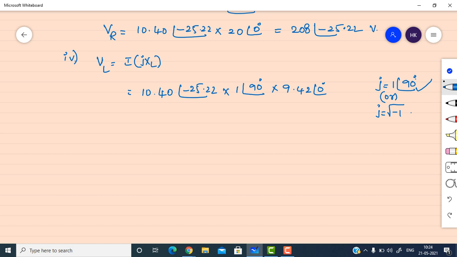I, J, XL. Now multiply all these. 10.40 into 9.42.